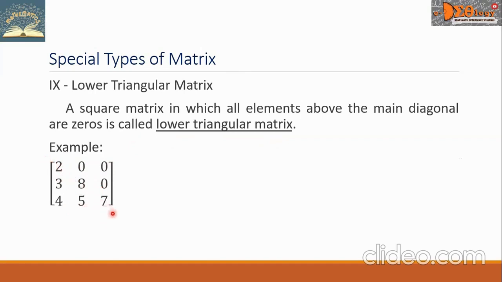In the main diagonal, the elements are 2, 8, 7. We can see that all the elements above the main diagonal are all zeros. This is an example of a lower triangular matrix of order 3.